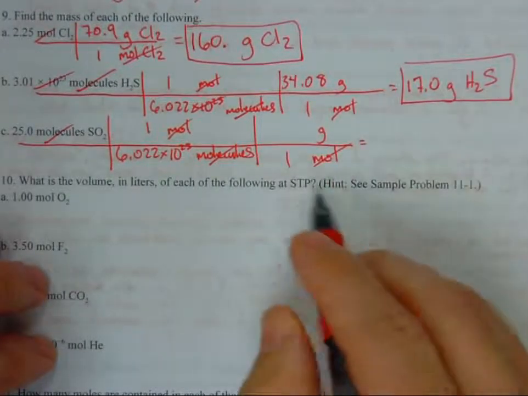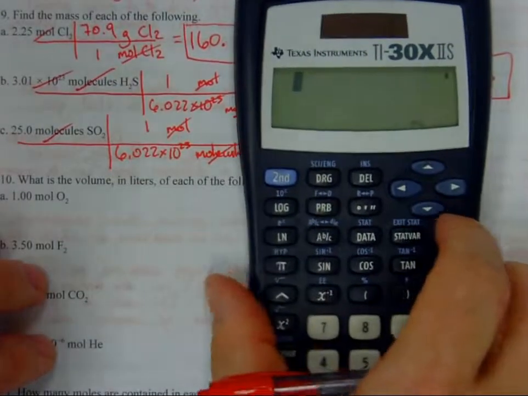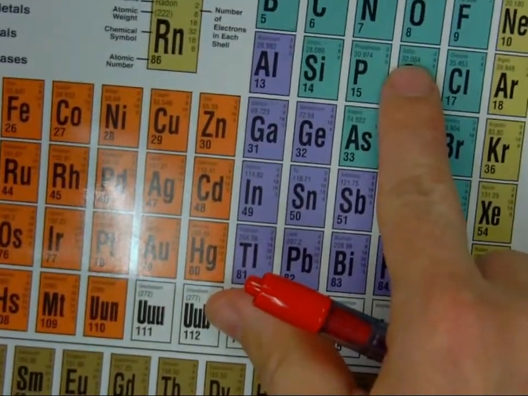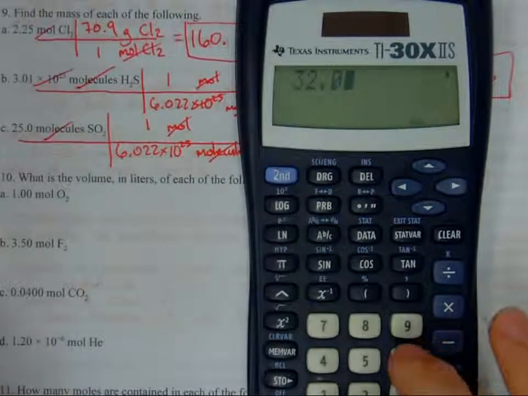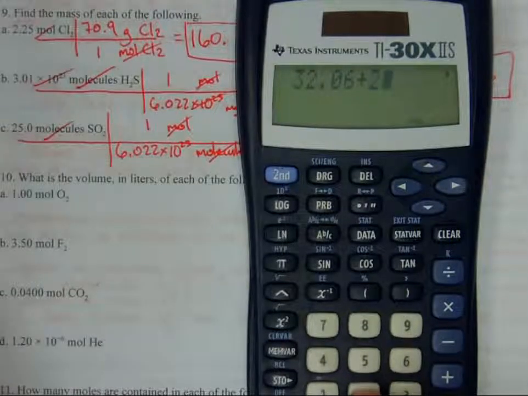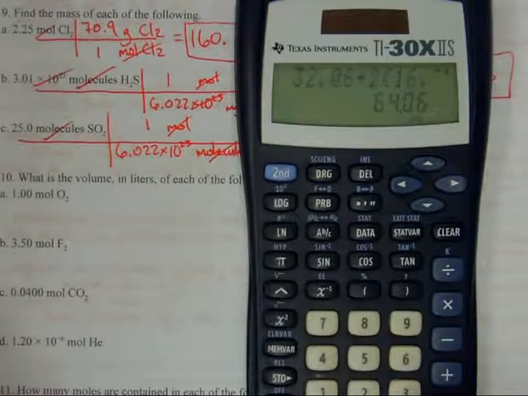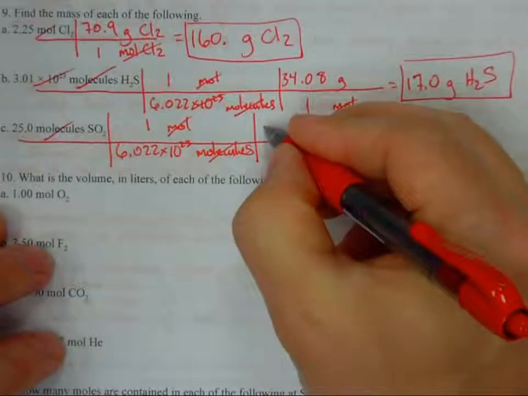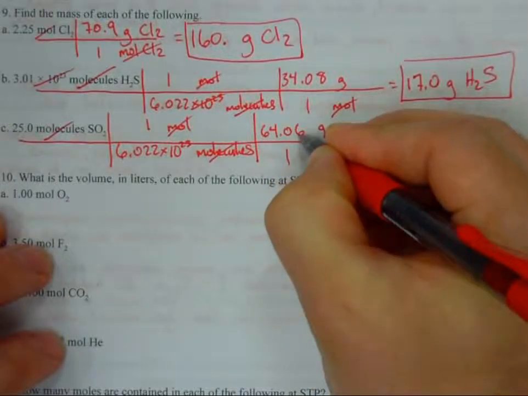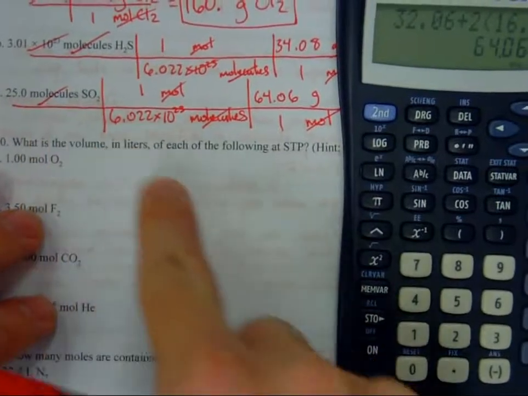But what is the mass of 1 mole of SO2? Well, we already looked at the value for sulfur, 32.06. So 32.06 plus the mass of 2 oxygen atoms, end up with 64.06. Now multiply across.